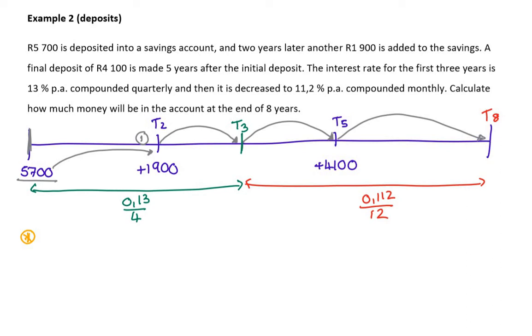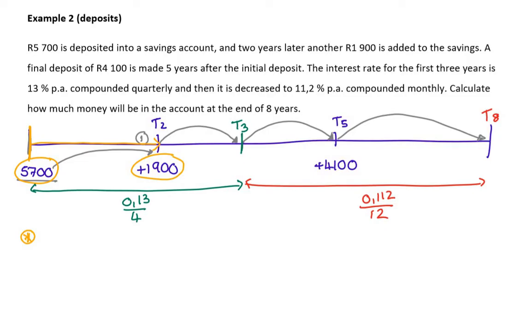So can't I just add the amounts together? Because this 5,700 during this time, that's 2 years, it's earning interest. So when you get to 2 years, you no longer have 5,700.